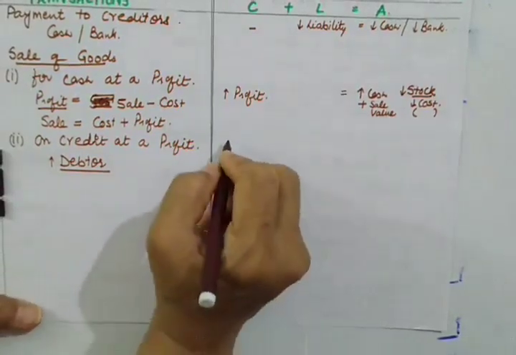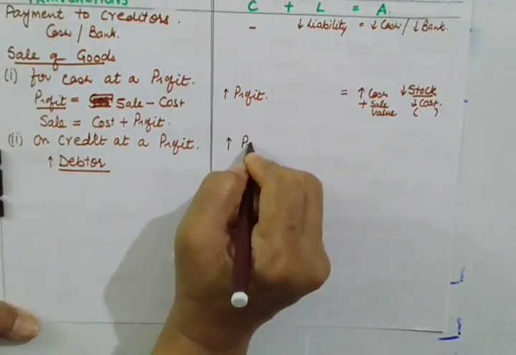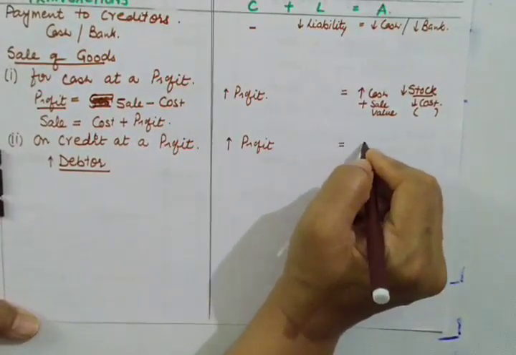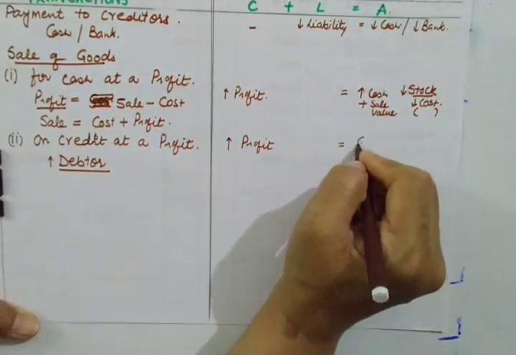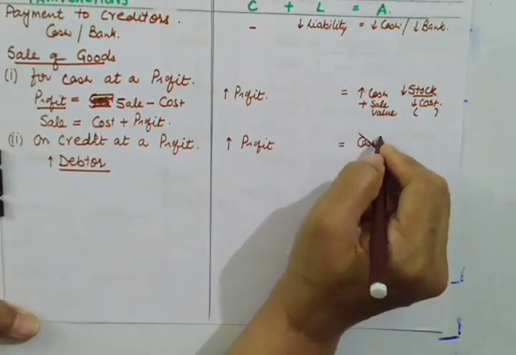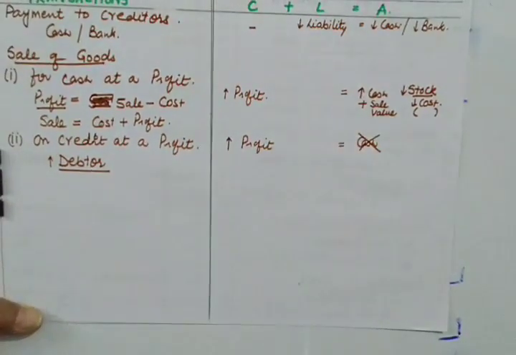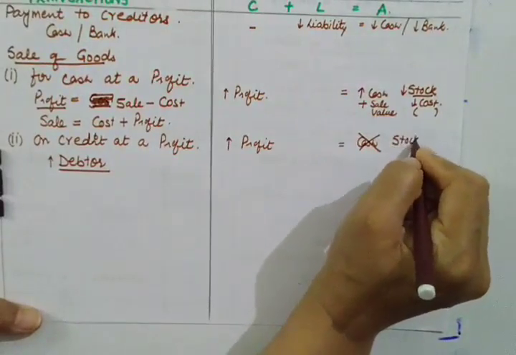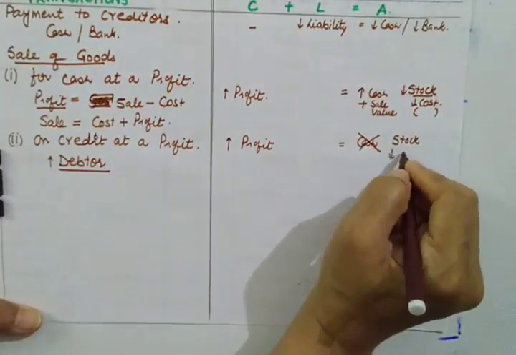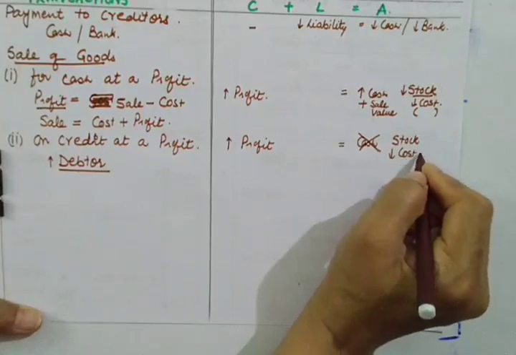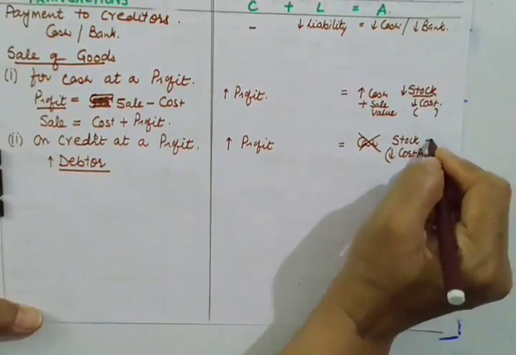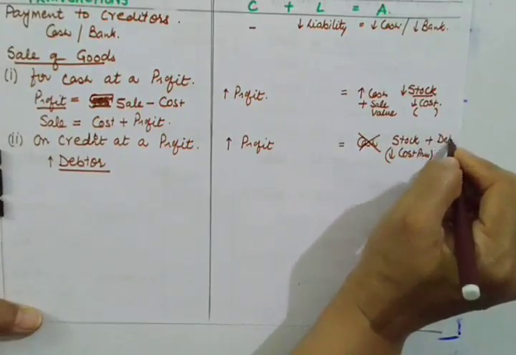So if you are selling at profit, this will increase your profit, and here there will be no change. Your cash will not be affected, no change in cash, but your stock will reduce with the cost price, and a new item will be added. What is the name of this new item?